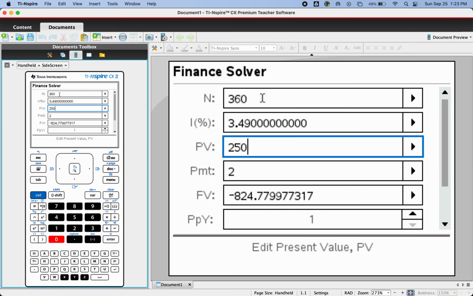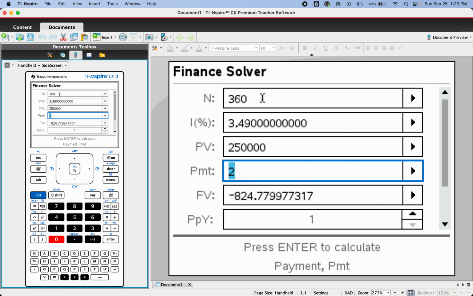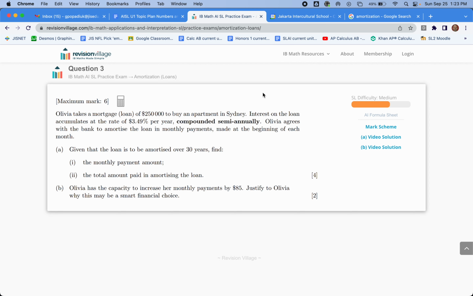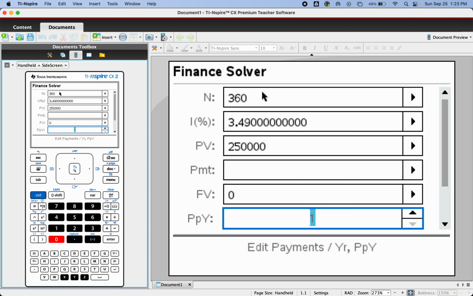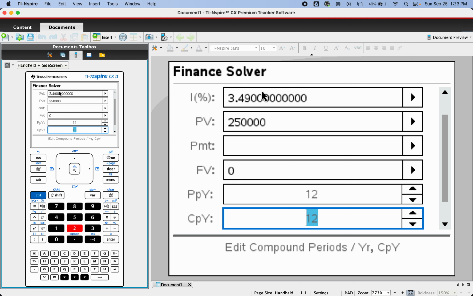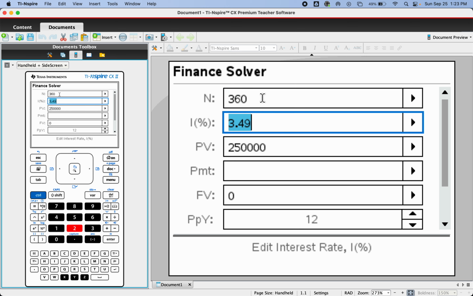She received $250,000. The payment is what we want to calculate, so that's blank. The future value we want to zero out, we want to make the loan 0. Payments per year is 12. The number of times the interest is compounded per year is 2. So I think that should do it.